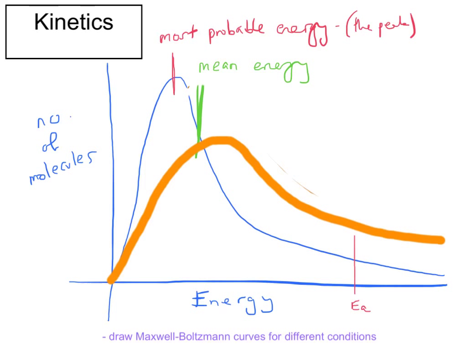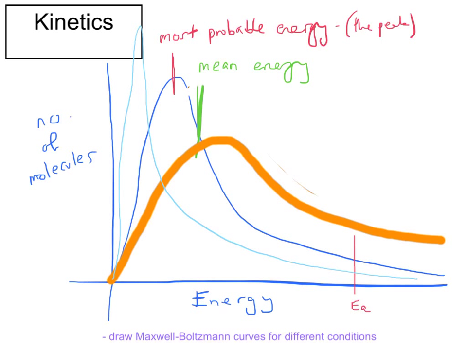And you can also see that there are more molecules with an energy higher than the activation energy. Don't let this line touch this line. Make sure it's always above it, apart from near the beginning. Now, if you're doing it colder, then that would mean the peak would be higher and further to the left, and your number of molecules with energy higher than the activation energy would be lower.